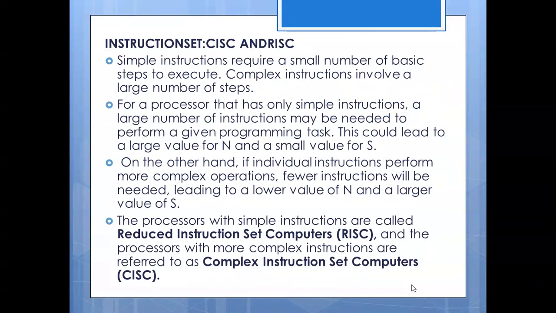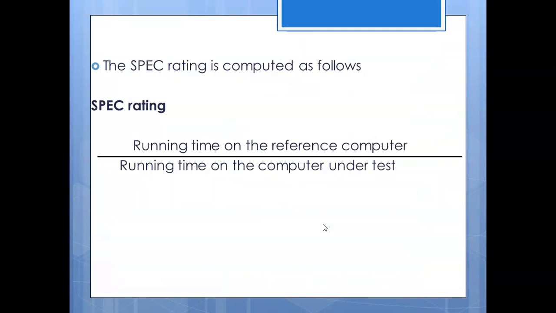For example, a processor that has only simple instructions needs a large number of instructions to perform, so the value of S will vary. On the other hand, individual instructions that perform more complex operations are fewer in number. We categorize this into two types: simple instructions are called reduced instruction set computers, RISC, and processors with complex instructions we refer to as complex instruction set computers.